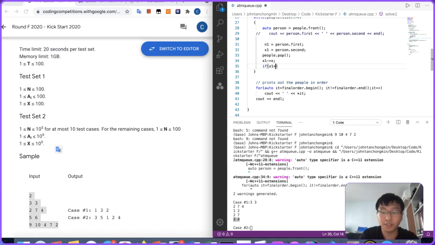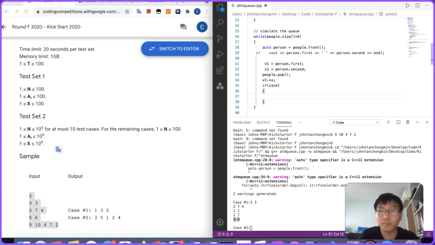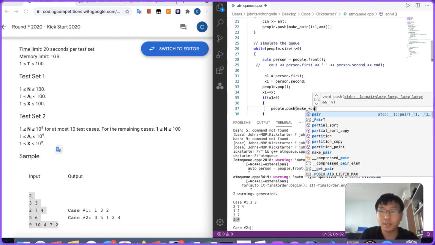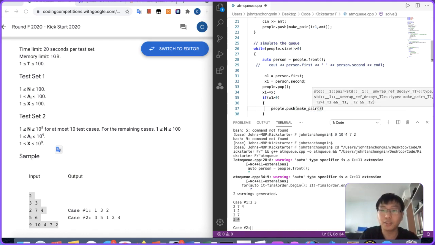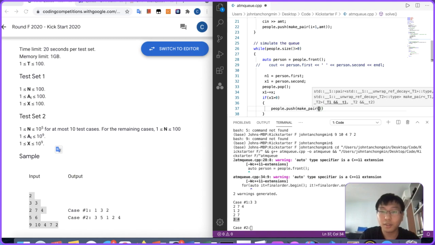If x1 is greater than zero, if there's still an amount left, then we need to put it back in the queue. So we people dot push make pair n1 and x1, because he still needs to take some more money.